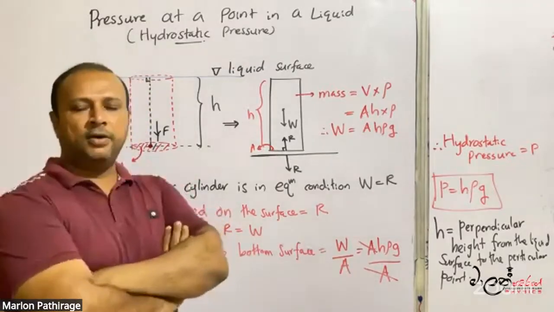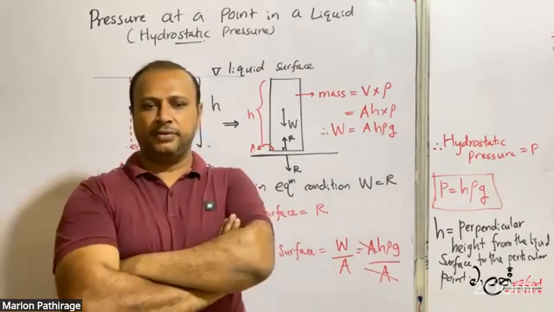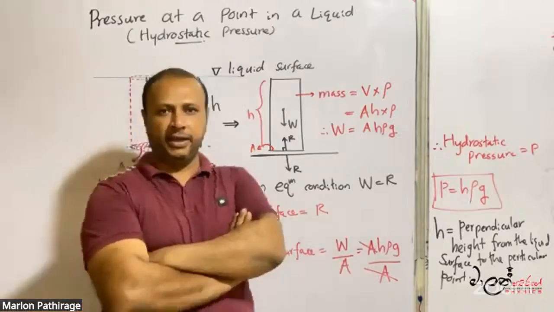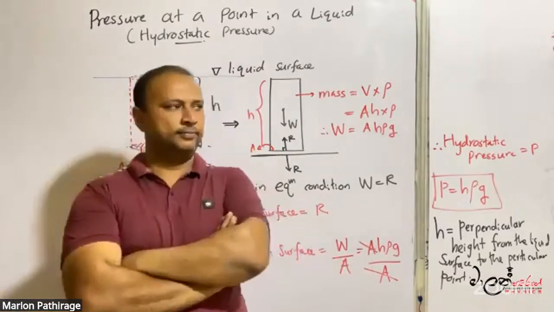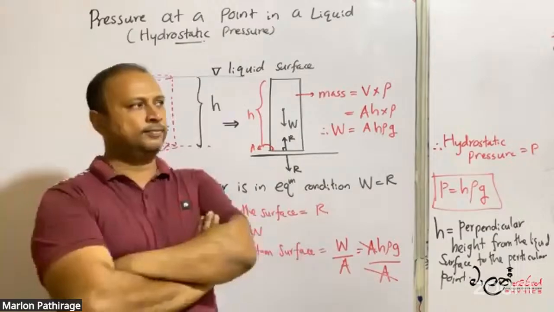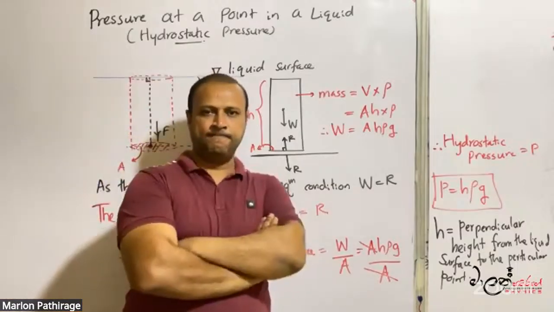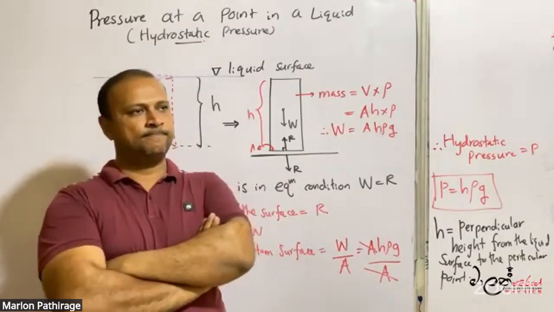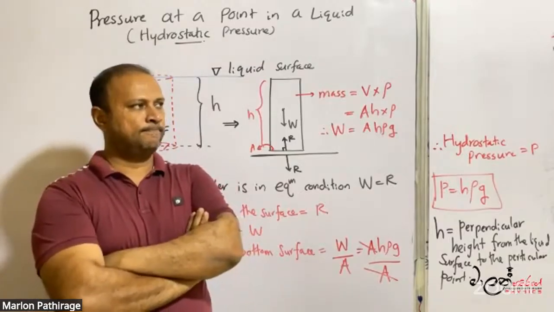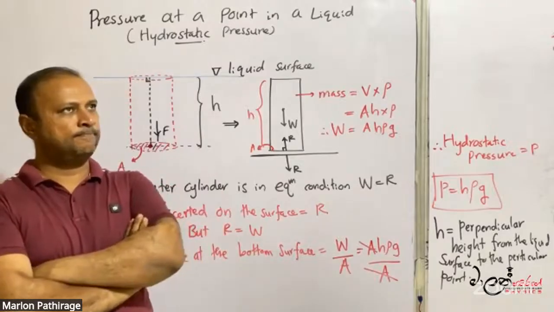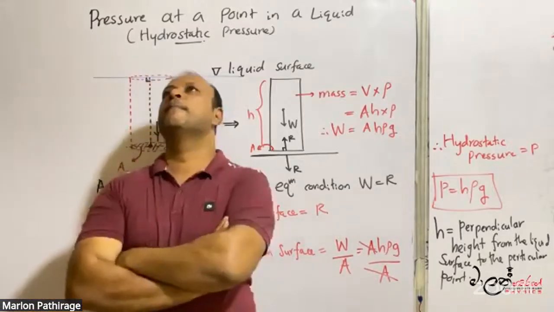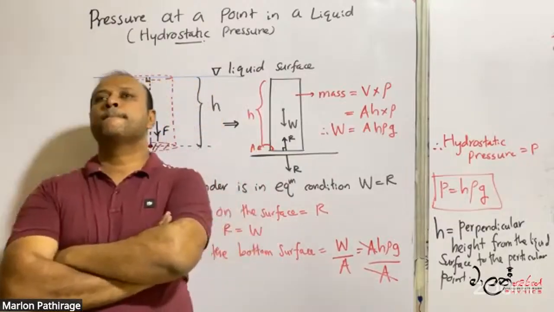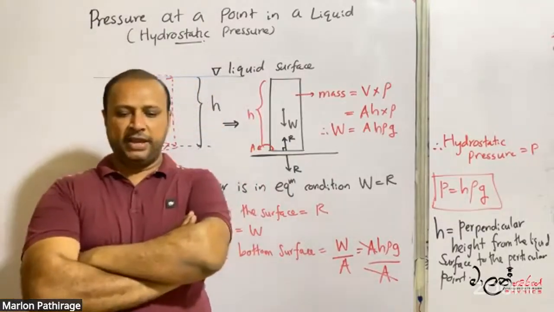As we cannot define the area of a point, we can consider a small geometrical shape.